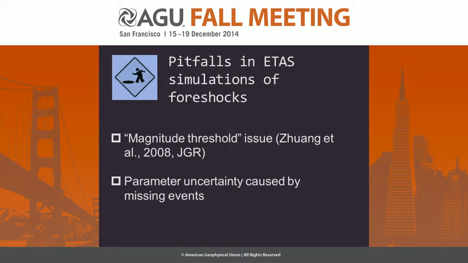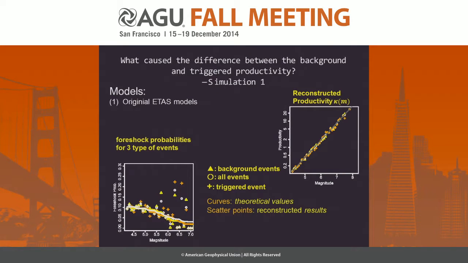Now, when using the ETAS model to simulate foreshocks, there are some pitfalls. Here, I only illustrate two of them. One is the magnitude threshold issue, another is the parameter uncertainty. Here is an analysis on a synthetic catalog generated by the ETAS model.